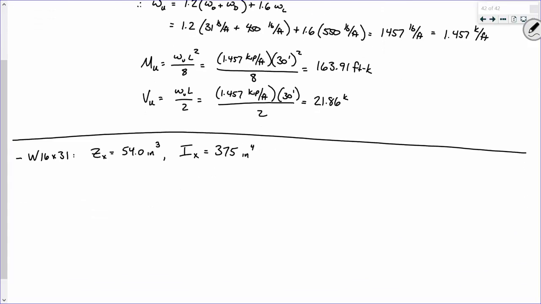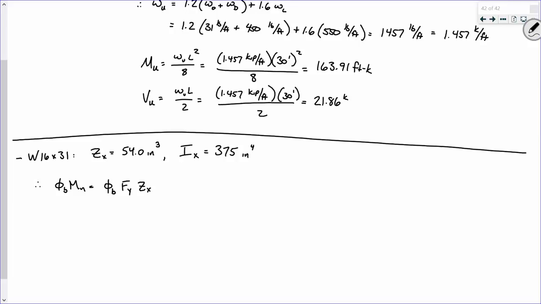Okay. So just so everybody's aware, because this beam is continuously braced, our moment capacity can be computed as phi Fy Zx, okay?